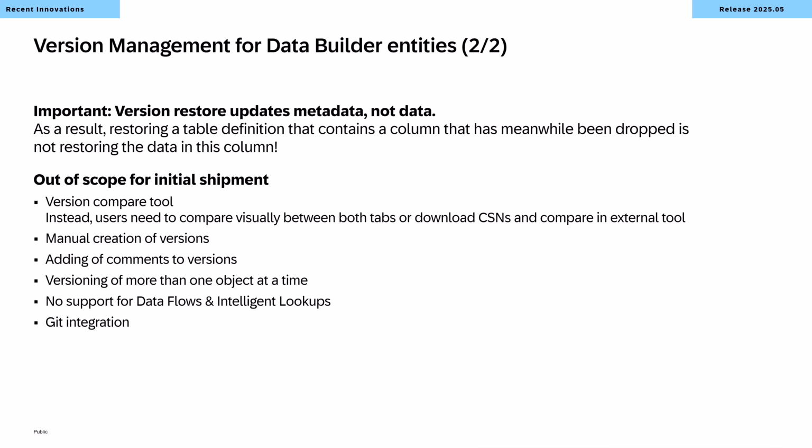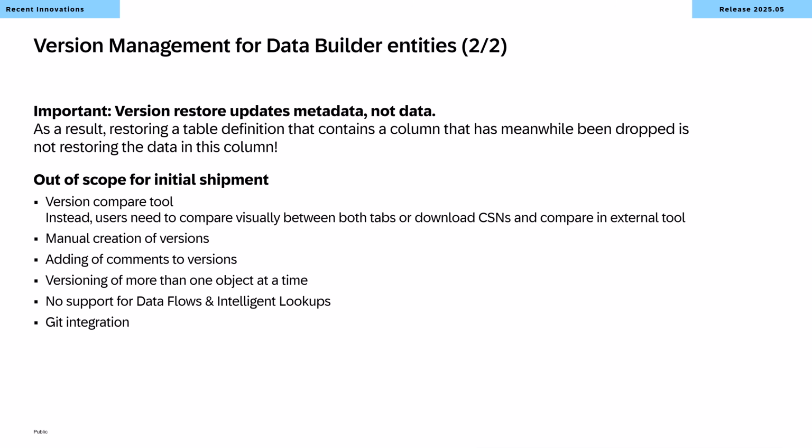We have this on the backlog, but this will need its time to mature. Also, giving comments to versions is not possible. This is sometimes painful because, with many deployments, you also have many versions. And so giving them a semantic beyond the time point at which they were taken is today not possible.